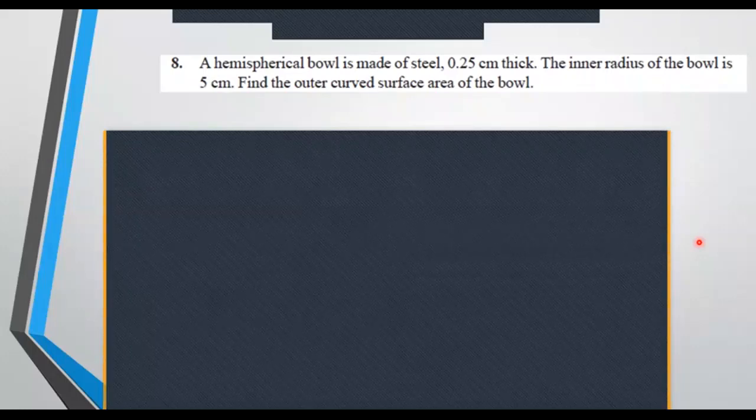Please mute yourself once you're done. Ma'am, what did you get as the answer? I get it as 240 centimeters square. No, that's wrong. 240 centimeters square is wrong. Here goes the answer.